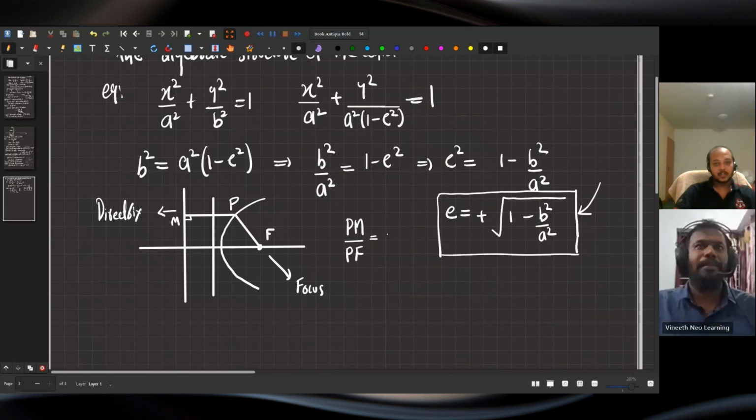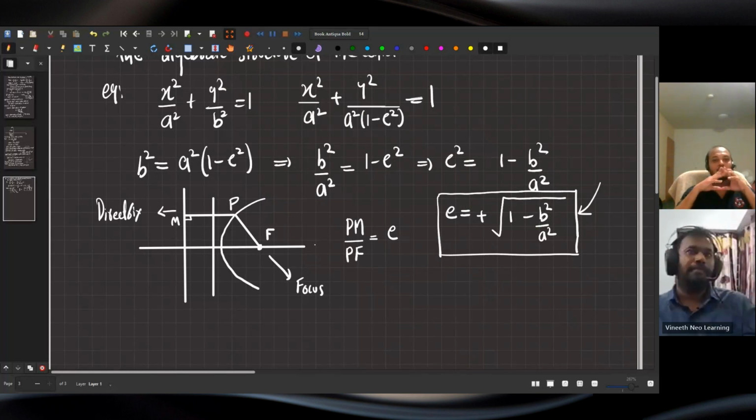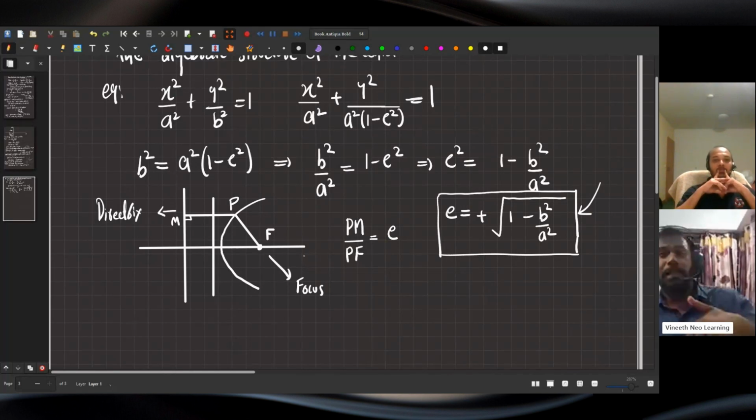That constant is eccentricity. That is why I call eccentricity a geometric thing. For a parabola, PM will always be equal to PF. That is why eccentricity is 1. For a hyperbola, eccentricity is greater than 1. For an ellipse, eccentricity is less than 1.